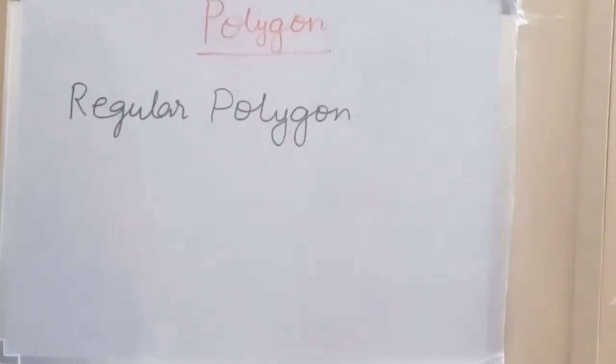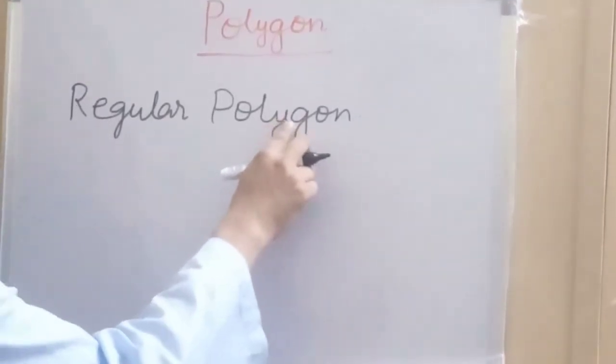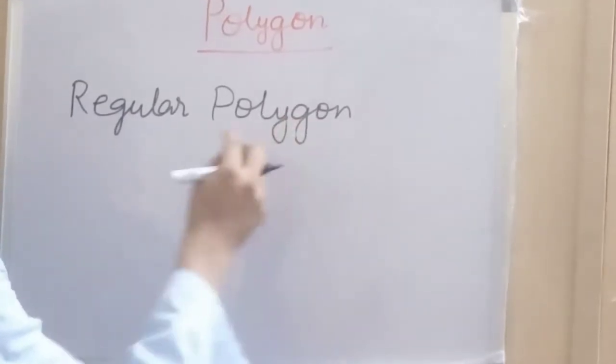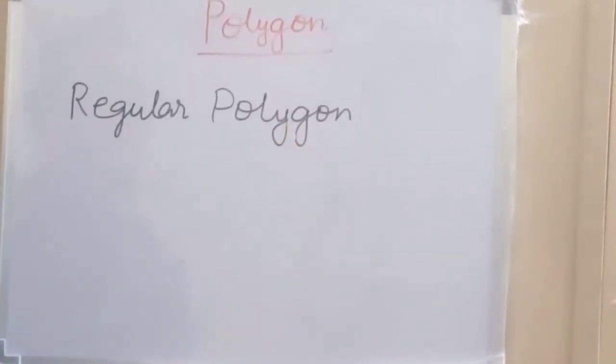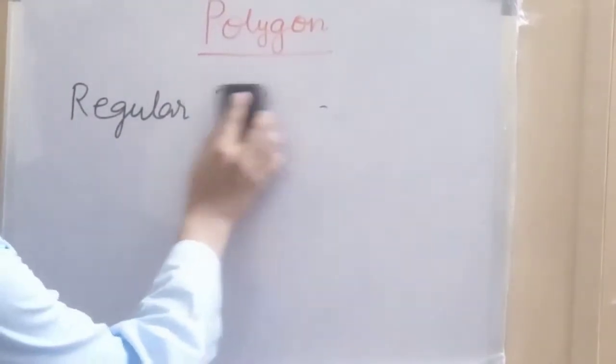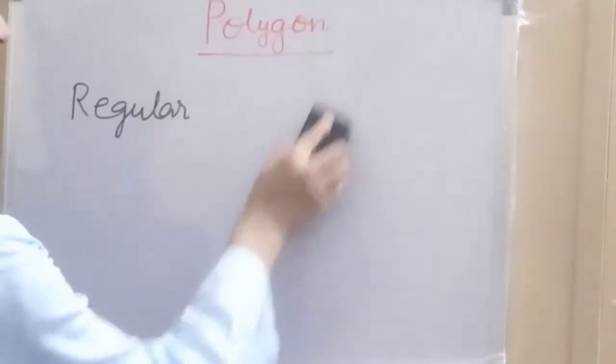A polygon in which all the sides are equal is known as a regular polygon. For example, if we have a triangle with all sides equal, then all the angles will be equal, and such a triangle is known as an equilateral triangle. In case of a polygon with 4 sides, such a regular polygon is known as a square. And similarly we have regular pentagon and regular hexagon.